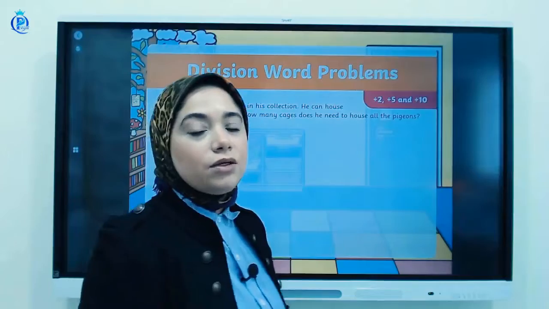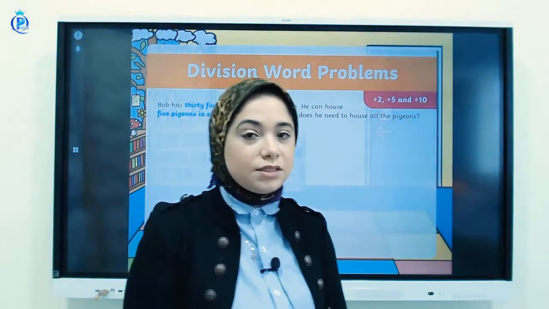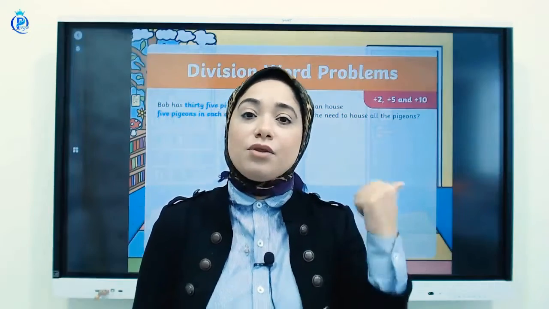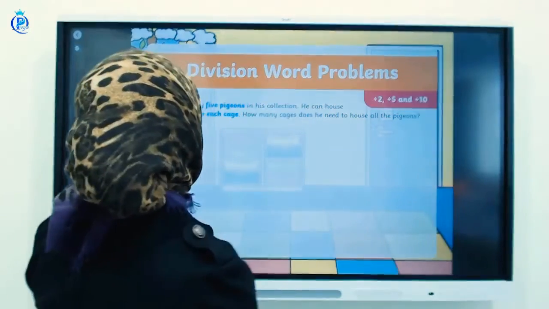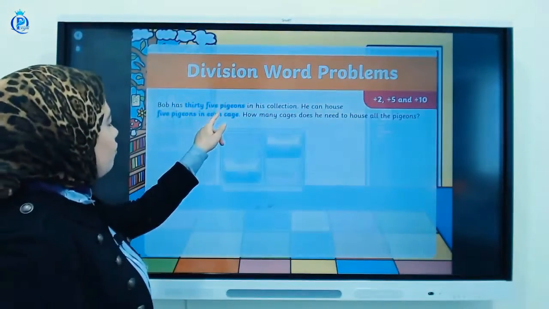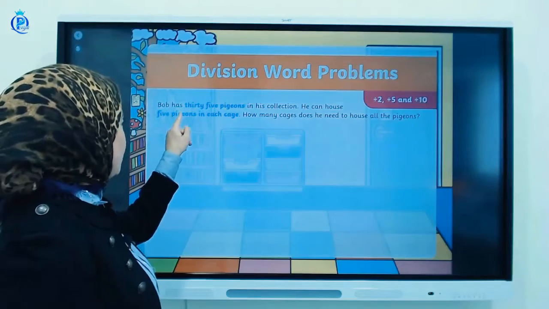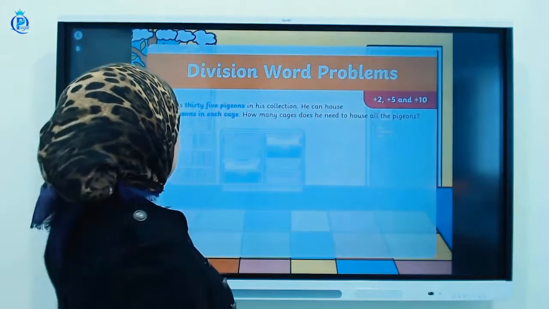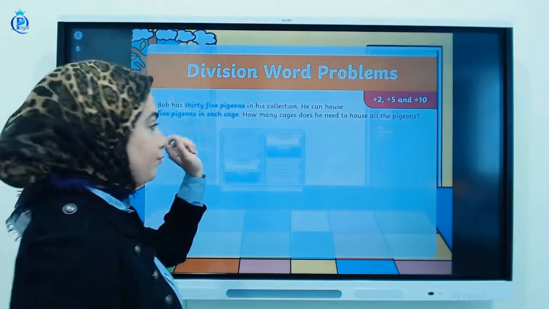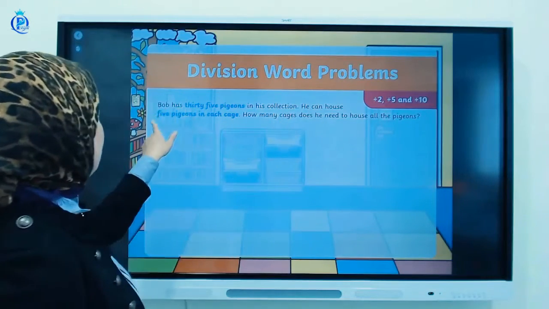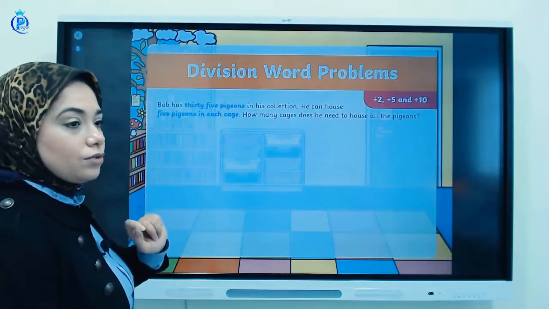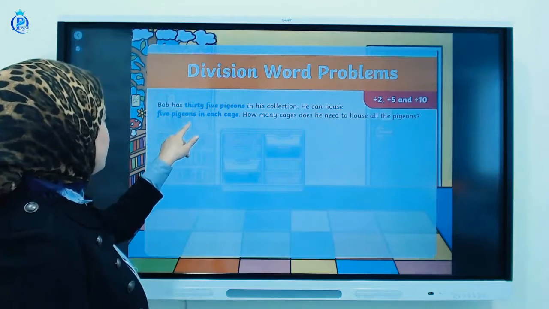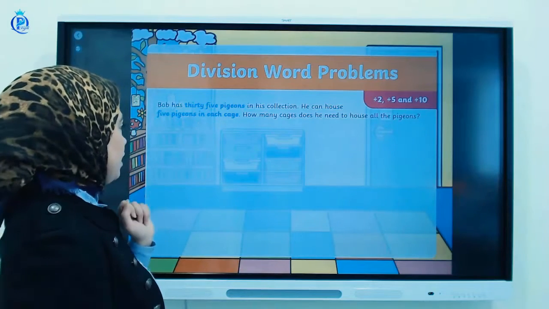Okay? Now, let's think about this one. Bob is thinking, and I want you to help Bob think about this equation. Bob has 35 bunnies in his collection. He can house 5 bunnies in each cage.